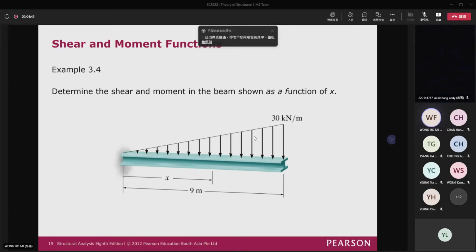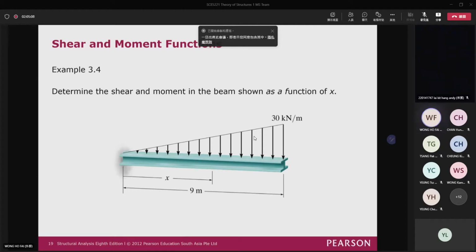So here, first of all, I would like to discuss an example with you, which is to determine the shear and the moment in the beam as a function of x. As you can see here, the load pattern is a triangular load, and it does not change.